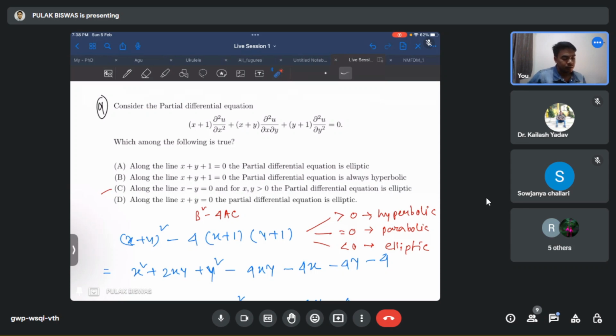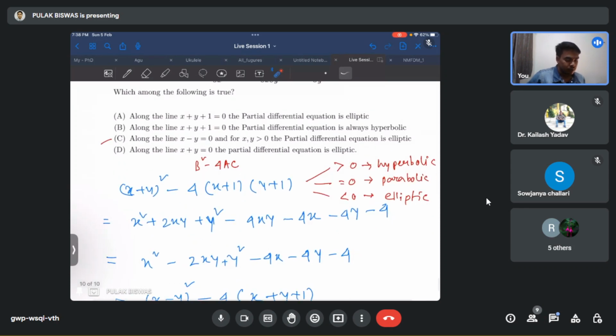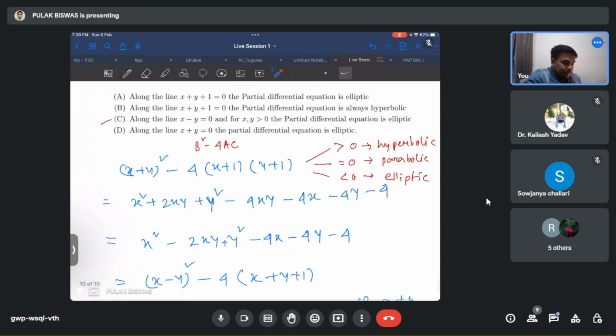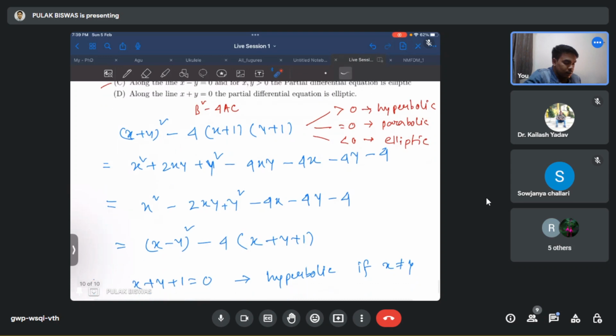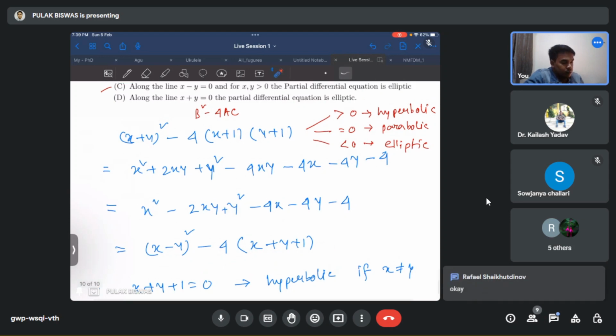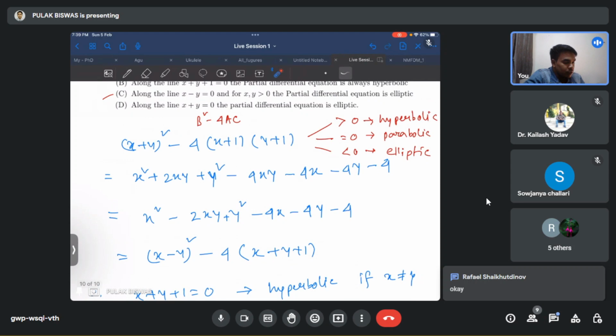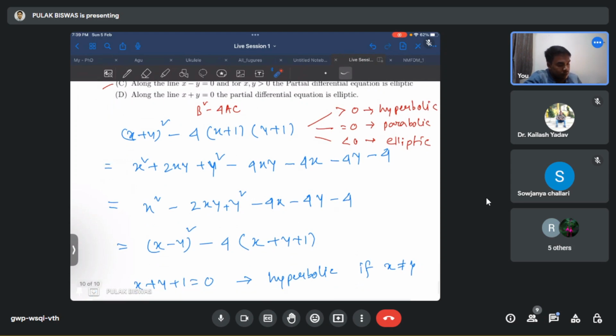See, if you simplify this one, it is coming like this, and ultimately this expression is coming. So now you can check when it can be greater than 0.